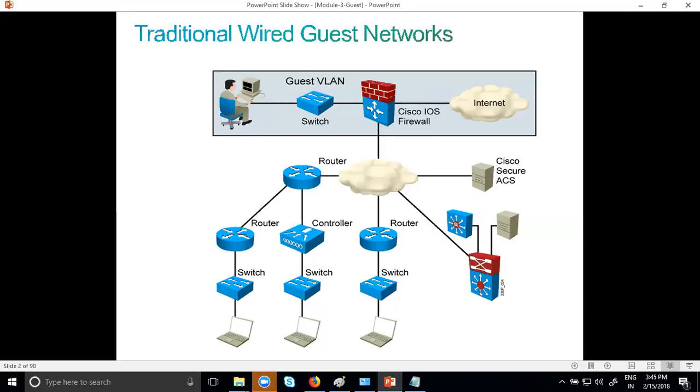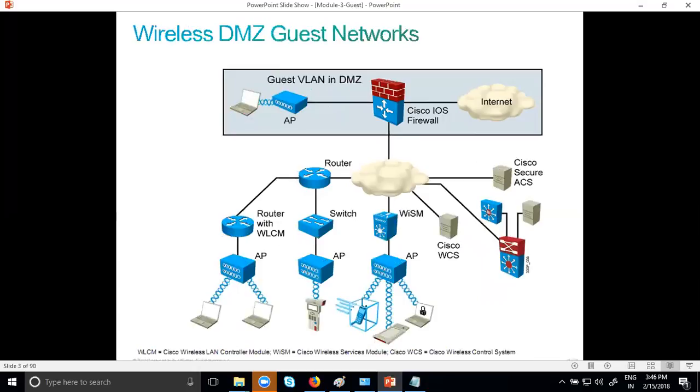So this is a normal traditional wired guest network. In this complete wired guest network, our wireless device is also connected with your backbone, which can be called a controller, and access points are also here.